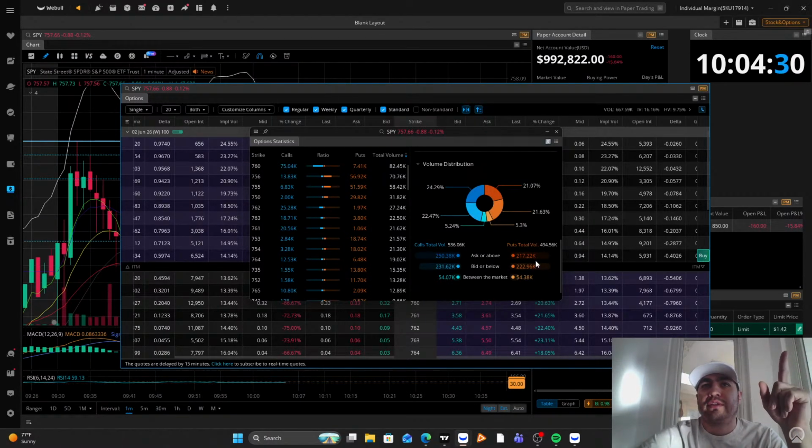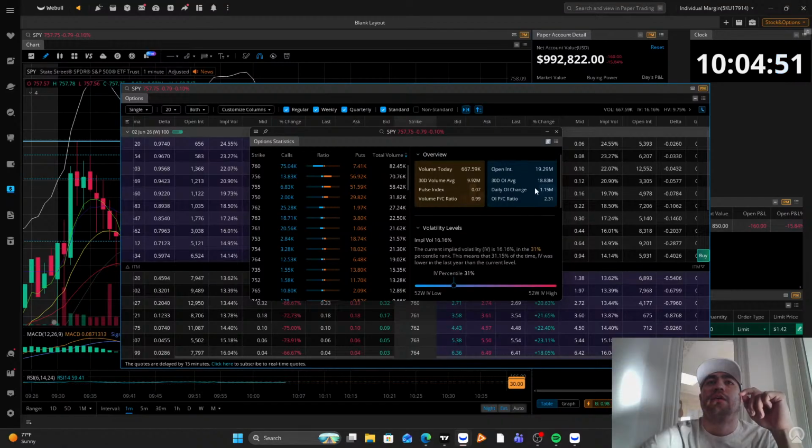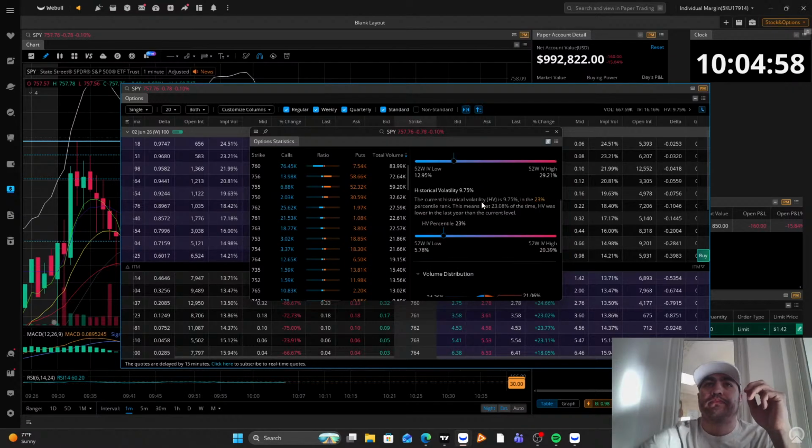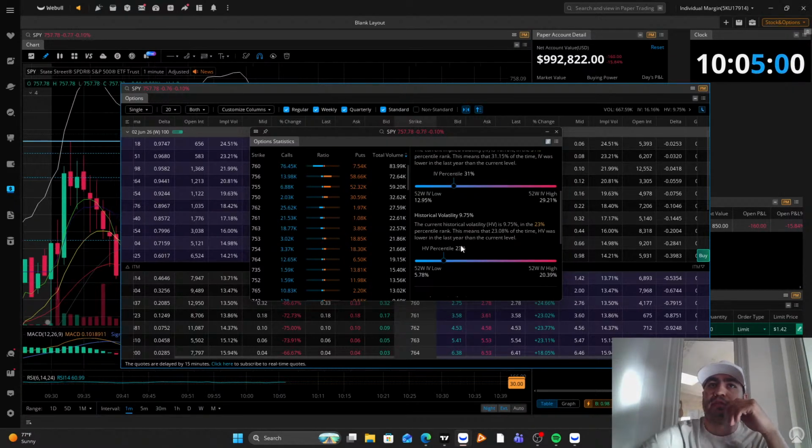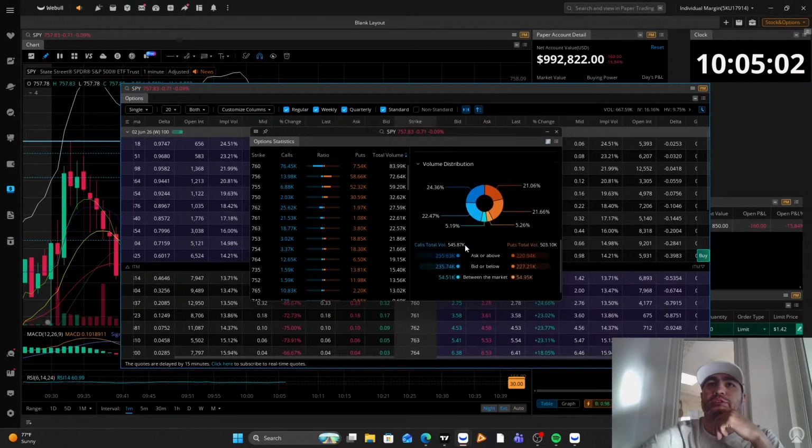All right, so puts for SPY are just under the calls. So it looks like the bulls are more in control here. Ask or above, or mid, we're kind of neck and neck almost. But the ask or above is normally pretty high right here. Interesting.